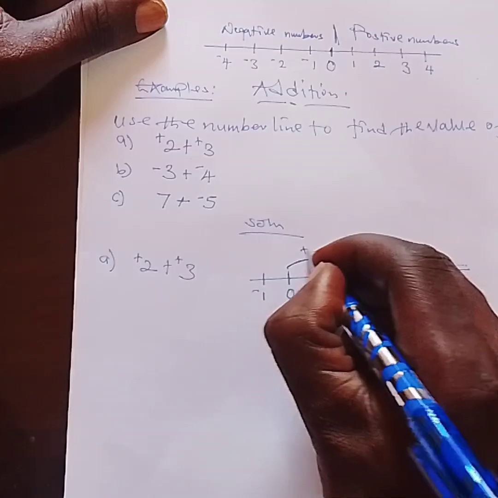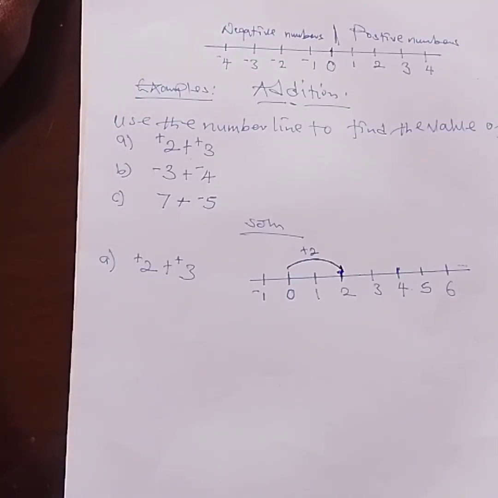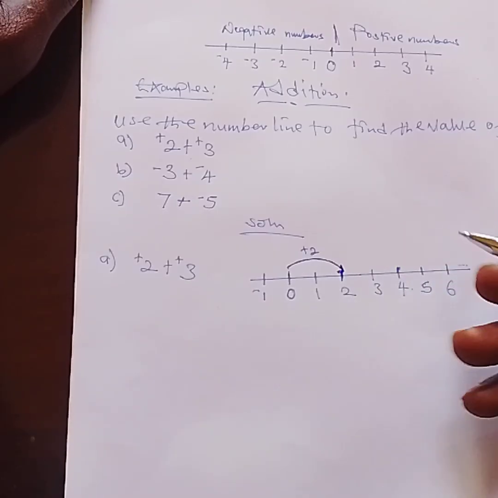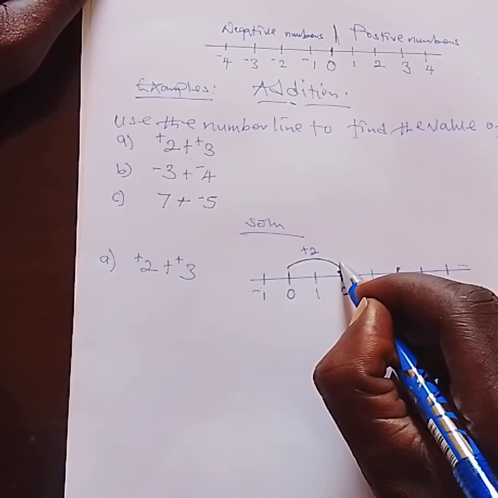This is positive 2. Then from positive 2, we add positive 3. So when adding positive 3, this is 1, 2, 3. We add positive 3.